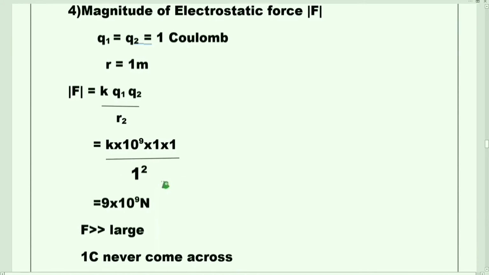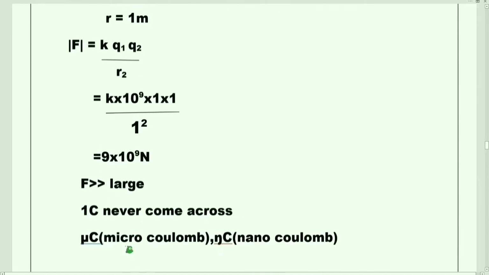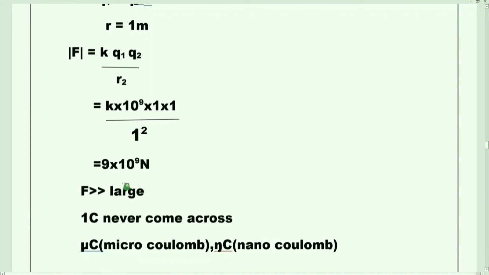What we get is 9 into 10 power 9 Newton. This value is very large and we never come across 1 Coulomb of charge in our day-to-day life. We come across coulombs in terms of microcoulombs, 10 power minus 6 C, or nanocoulombs, 10 power minus 9 C.